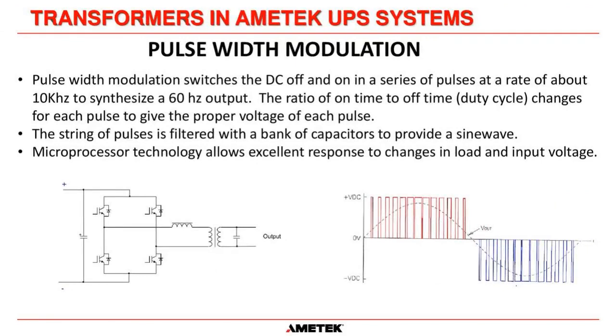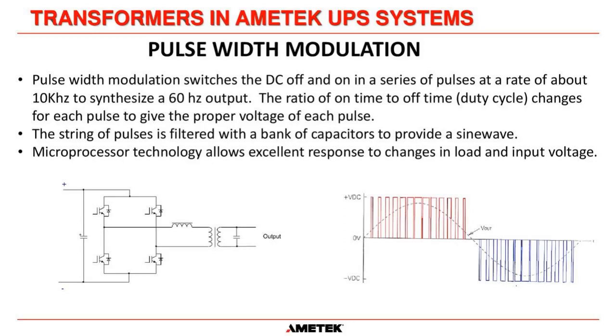Pulse width modulation switches DC off and on at a rate of 10 kilohertz. The ratio of on time to off time changes for each pulse to give the proper output voltage, and the string of pulses then is filtered to provide a sine wave.